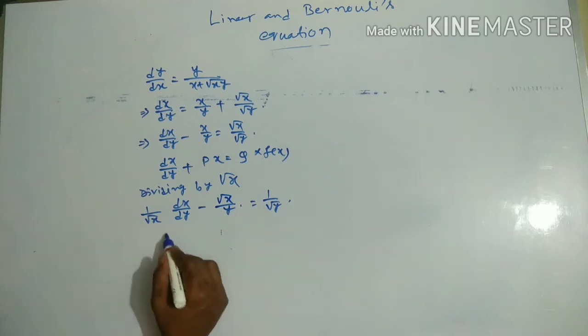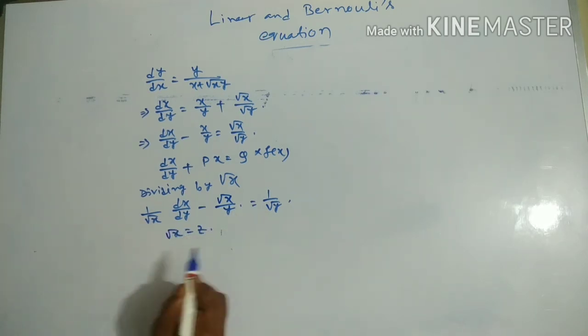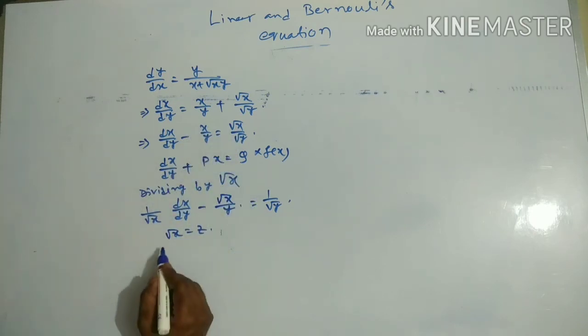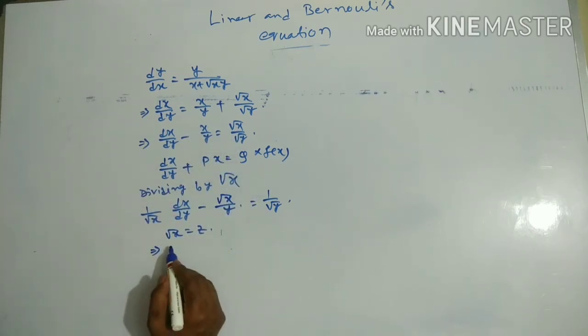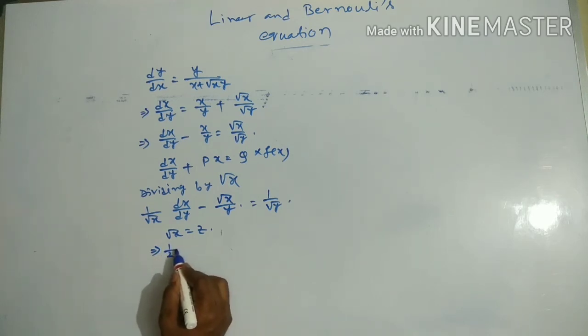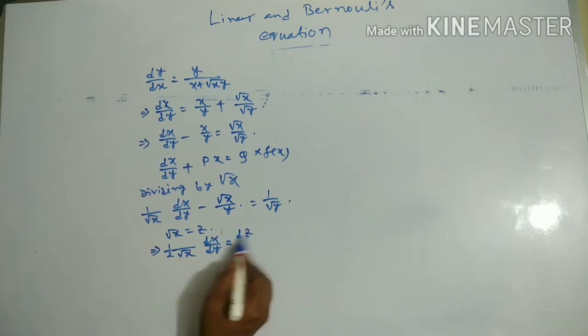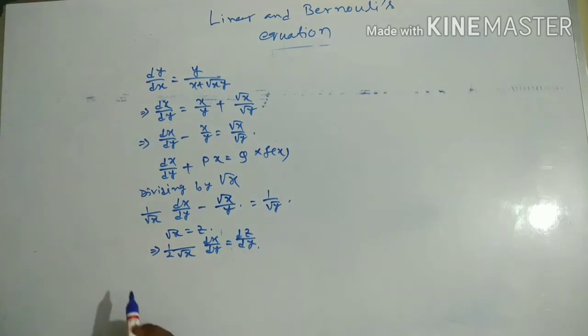Okay, so root x will be substituted by z. If we divide x by root x, this will be root x. So differentiating both sides with respect to y, it will be half into 1/root x, dx/dy equal to dz/dy. Now see that 1/root x dx/dy appears in the equation, so it can be substituted by 2 into dz/dy.